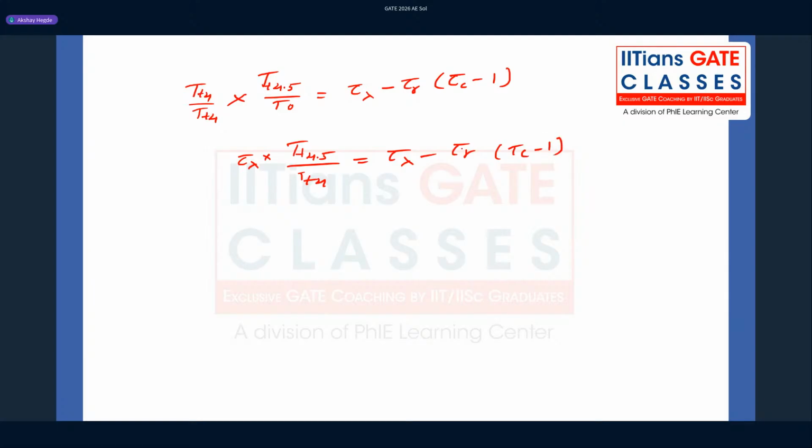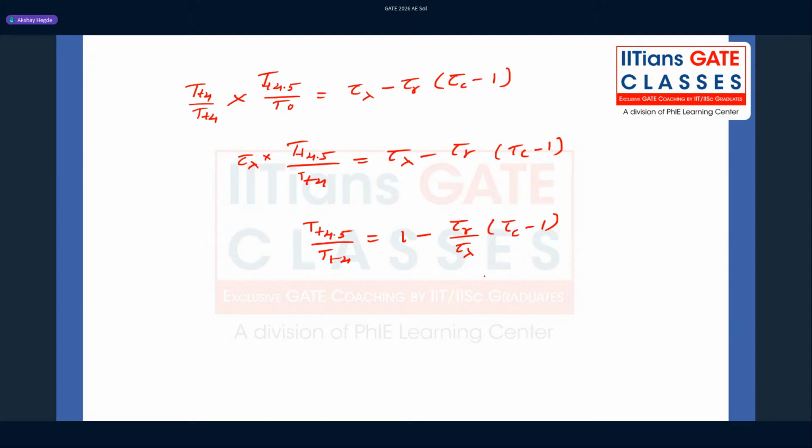Taking tau lambda to the other side, Tt4.5 over Tt4 equals 1 minus tau r over tau lambda times (tau c minus 1). So this is what we are getting.